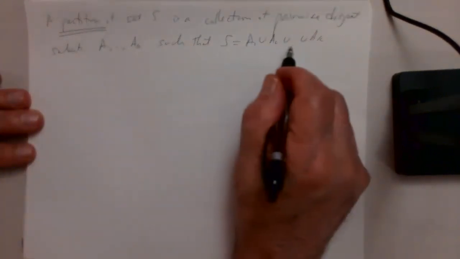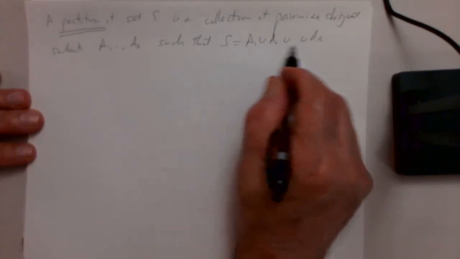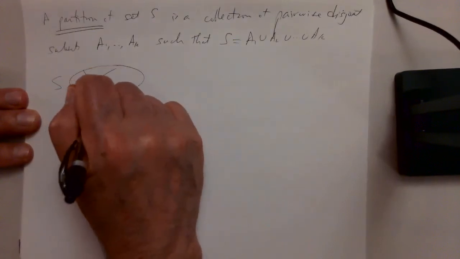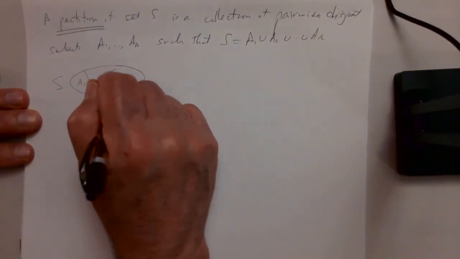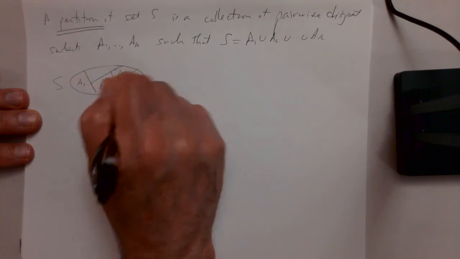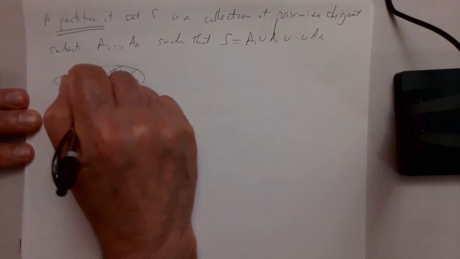So we have a finite collection of sets, S is the union of them, and none of these sets overlaps with any of the others. So for example, if this is S, this could be the set A1, this could be A2, this could be A3, this could be A4, this could be A5.